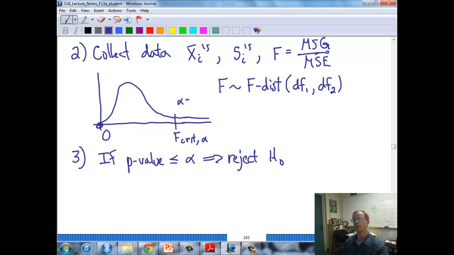If alpha was 0.05, then we would have this 5% upper tail, and the critical value will cut that off. So this rejection on the p-value is equivalent to if the f statistic is greater than or equal to f critical alpha, then we reject.